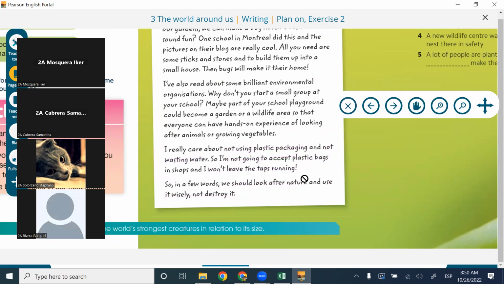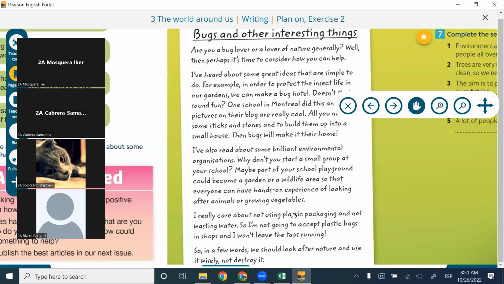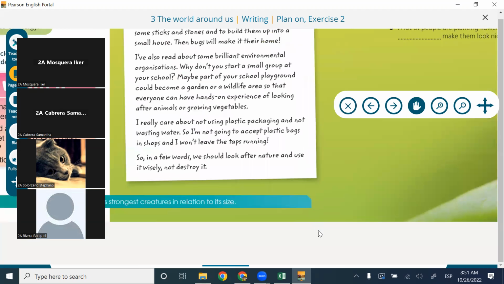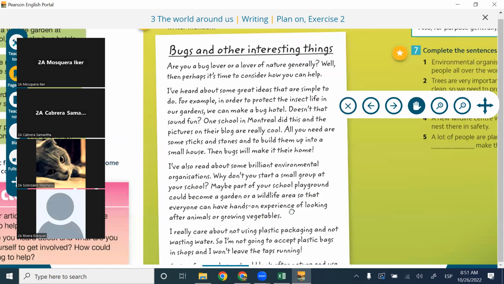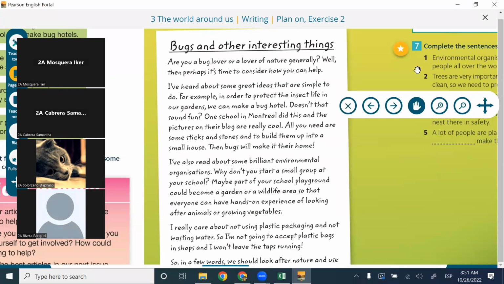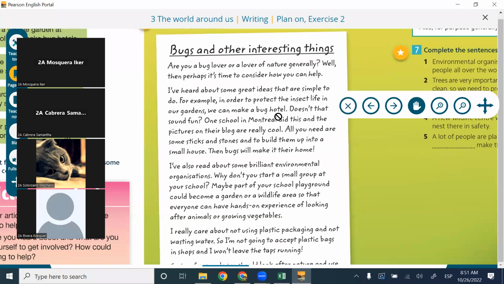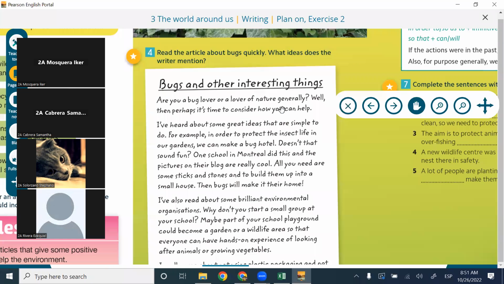As you can observe here, everybody, we have these interesting activities. This person is promoting a project through the article, and obviously talking about that.